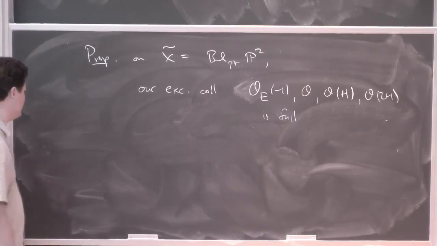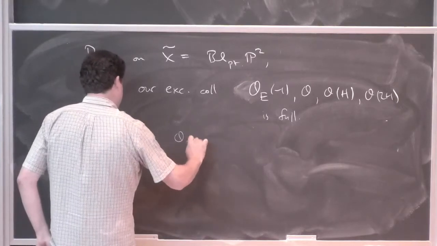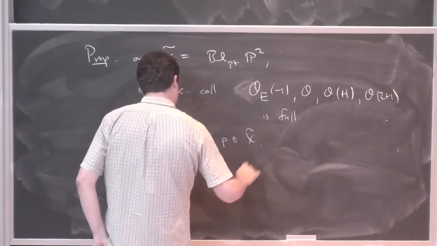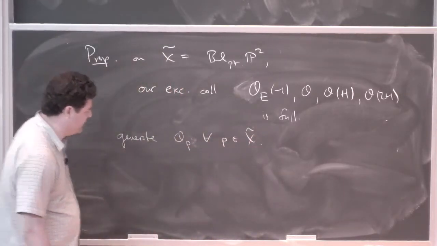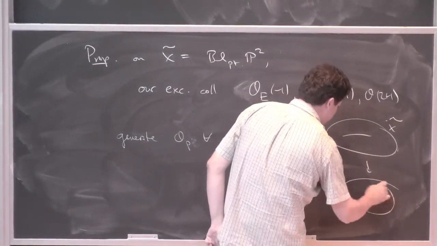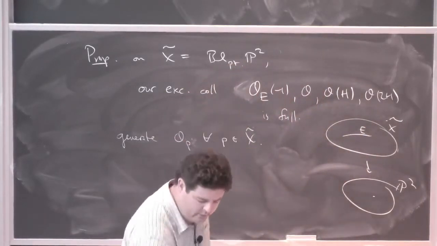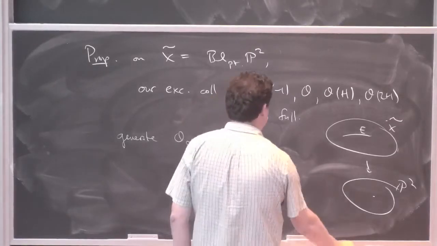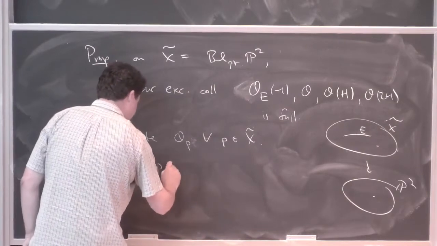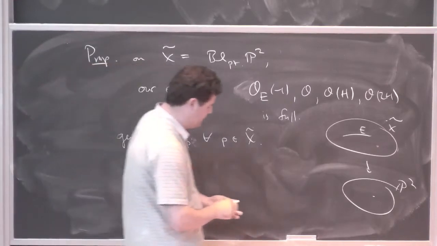So what do we need to do? We need to generate all the points, O_p for every p in X tilde. Well, right, let's draw: here's X tilde mapping down to P^2, and there's E. So if I'm at a point here, if p is not in E, then it's the pullback of some point downstairs.